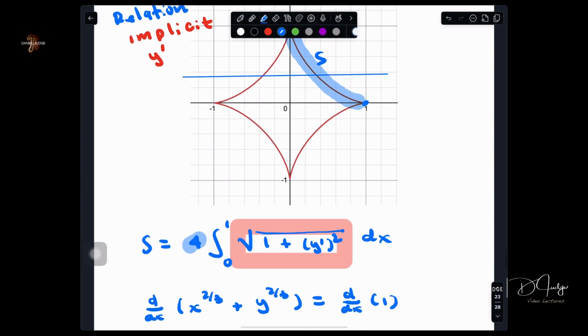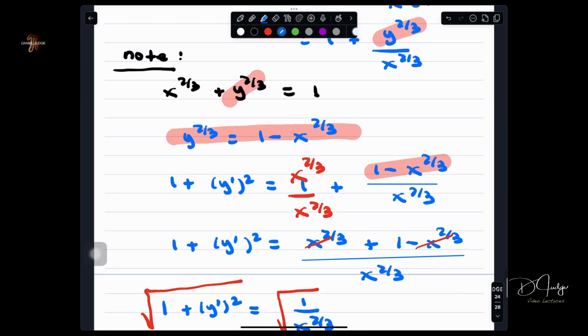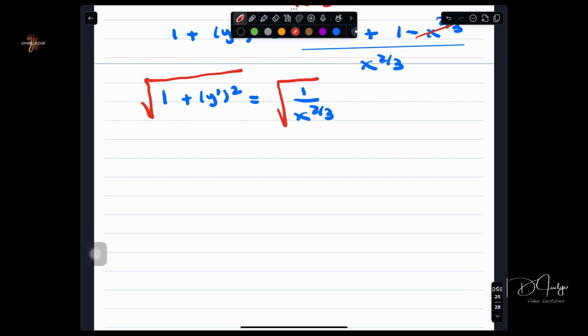So it's 4 times that integral. Okay, let's write this down. Arc length will be 4 times the integral from 0 to 1, square root of 1 over x to the 2/3 dx.